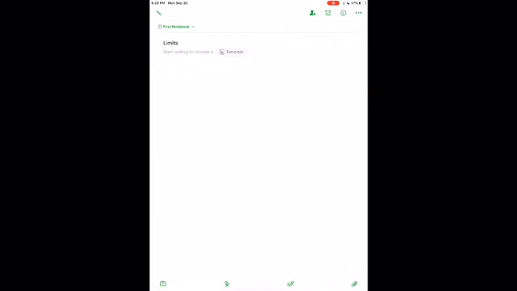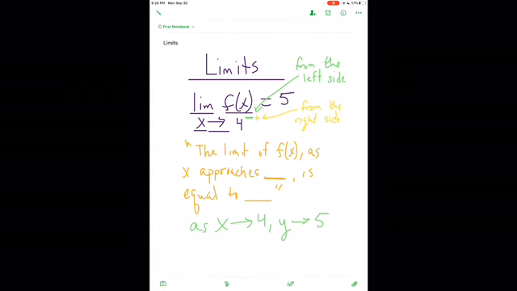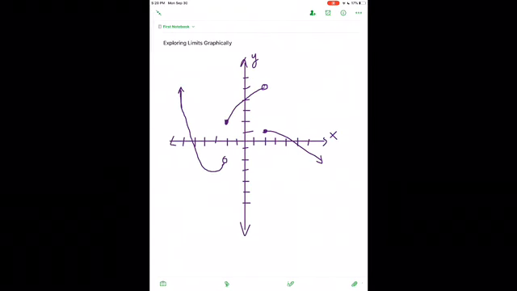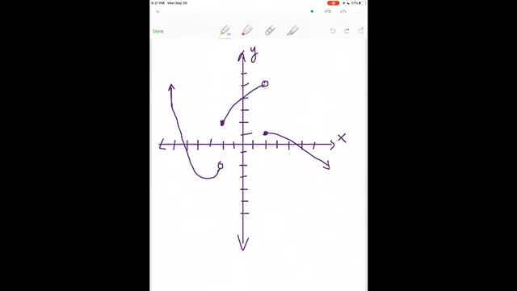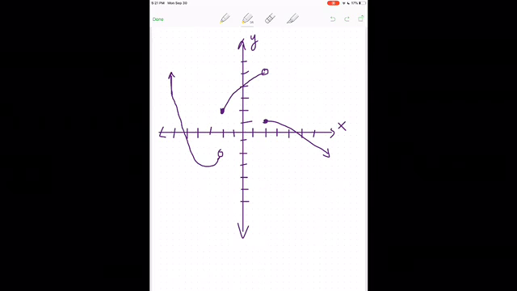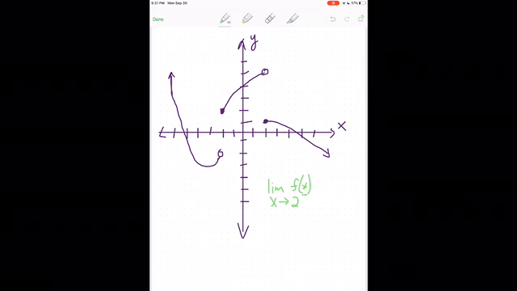All right, let's take a look at this graphically. Okay, I have an example exploring these limits graphically now. All right, so let's answer a few questions about this. I want to say, well, what's the limit of f of x as x approaches 2 from the left?